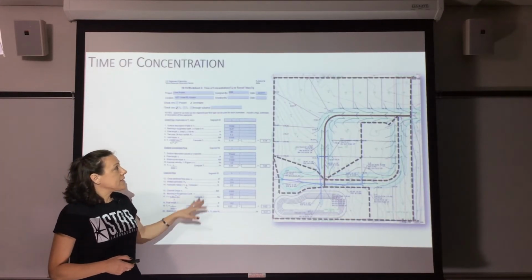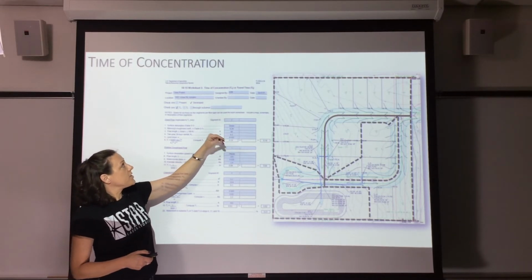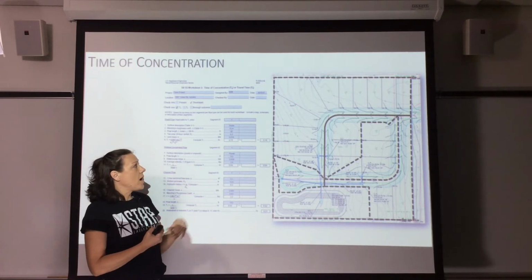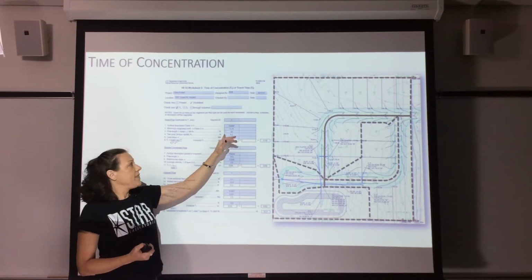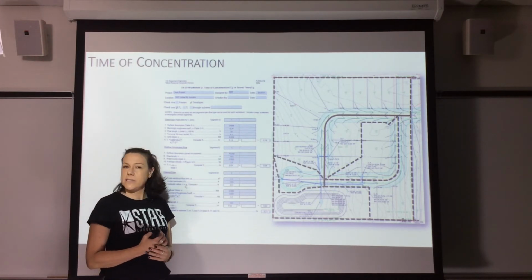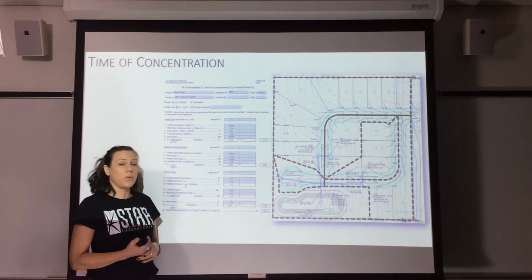So looking at this, I've got it listed out as time of concentration for our developed area. Grass is 0.24. In this one I used 50 feet. The precipitation was 4.2, so my time is 0.16. We have paved, there's 372 feet.